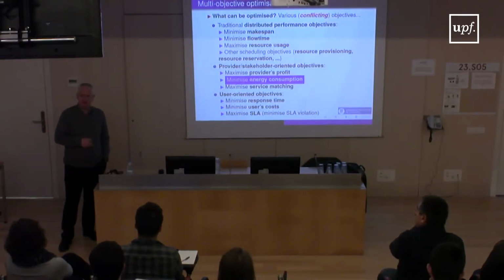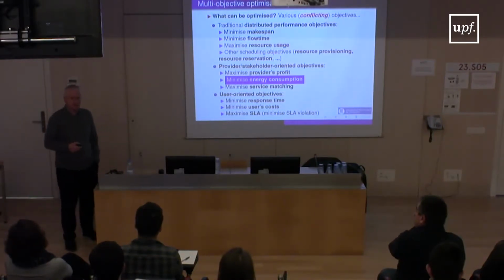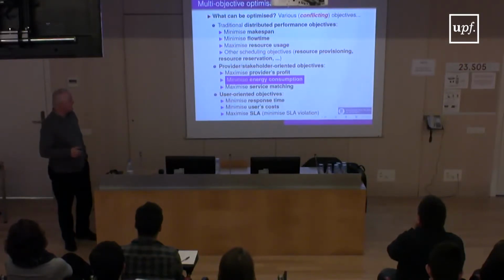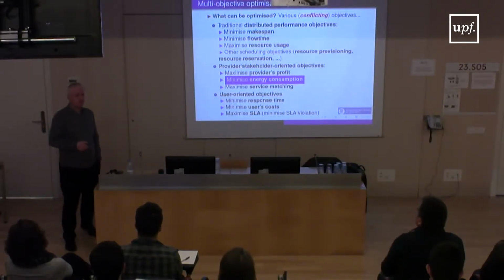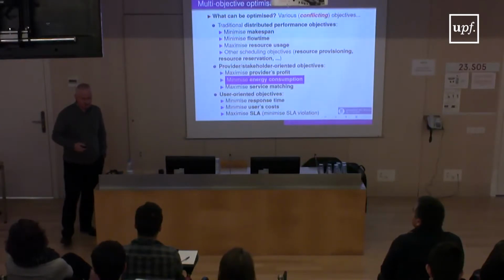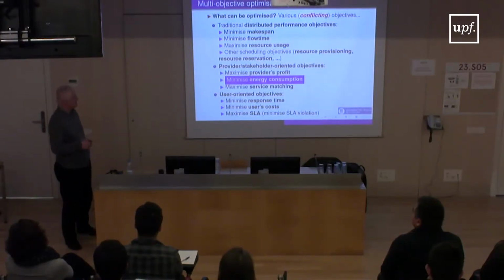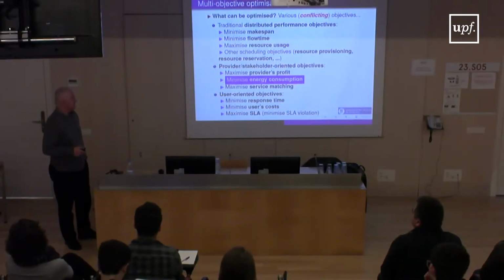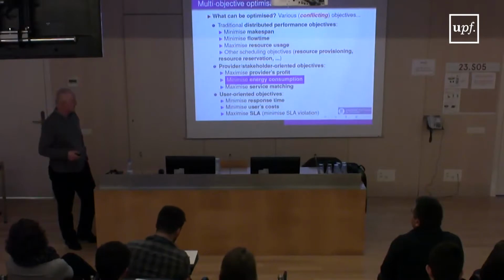So in most papers that you will see in the literature, meta-heuristics are addressed partially to optimize some of these objectives, right? In some cases, if you optimize some objective, you may also indirectly optimize some other objective.